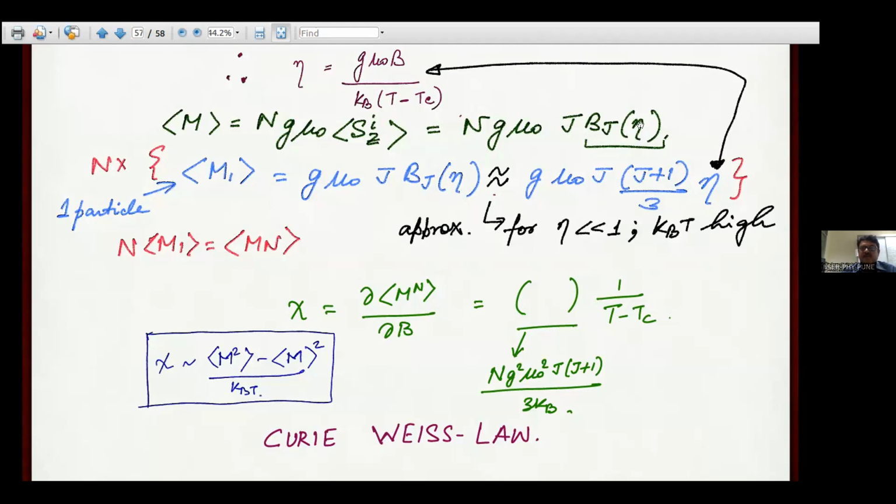If you know the value of eta, you substitute here and calculate the average magnetization, where this is n times, if there are n atoms or n magnetic moments. For one particle, g mu_0 J times the Brillouin function of J is the mean magnetic moment per particle, and this quantity can be written as (J+1)/3 times eta only as eta approaches 0, when eta is much less than 1 but k_B T is very high.